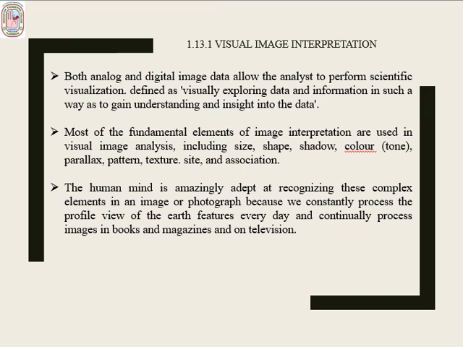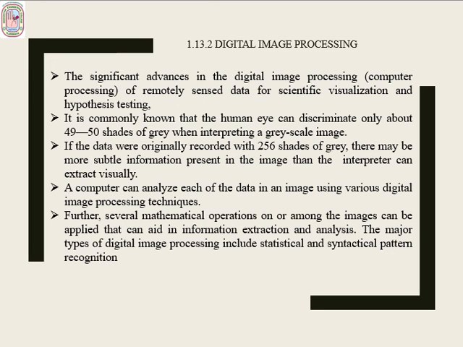So, the human mind is amazingly adept at recognizing these complex elements in an image or a photograph, because we constantly process the profile view of earth features every day and continuously process images in books, magazines and television. But for digital image processing, our computer needs these details.